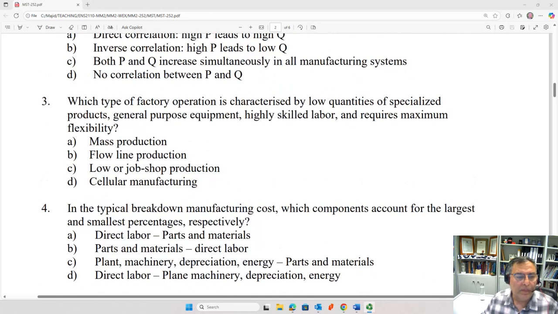Question 4, in the typical breakdown of manufacturing cost, which components account for the largest and smallest percentages?